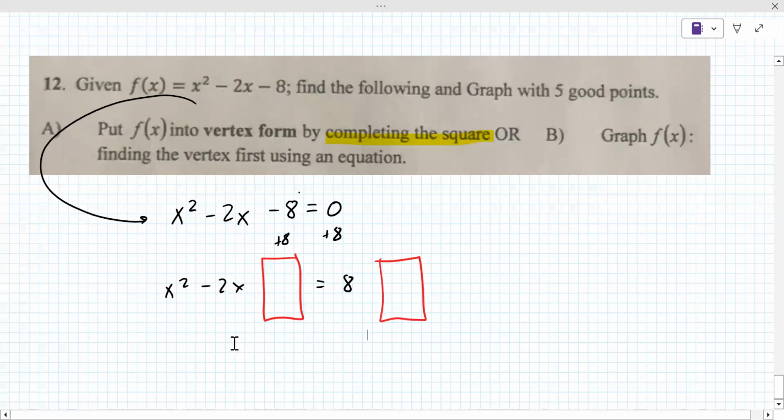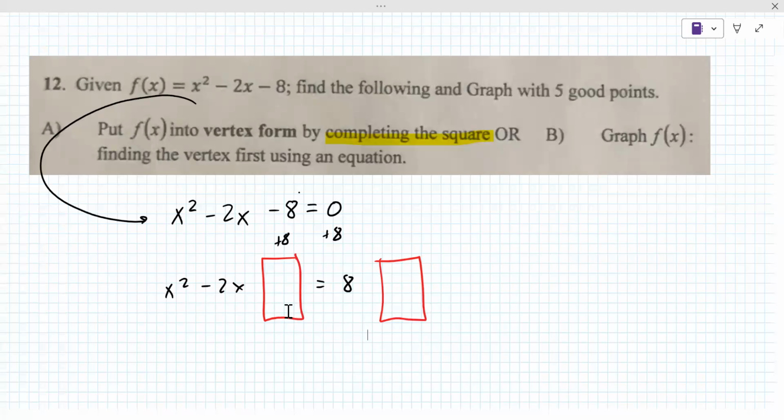Can you tell me, after you kind of work this out down here, what goes back in this red box? Plus 1, plus 1.